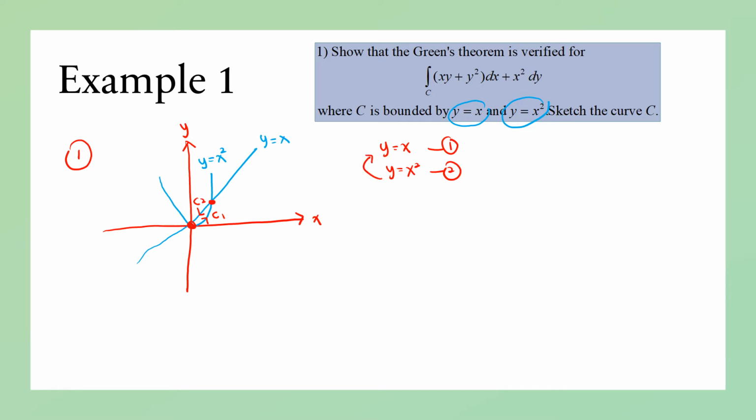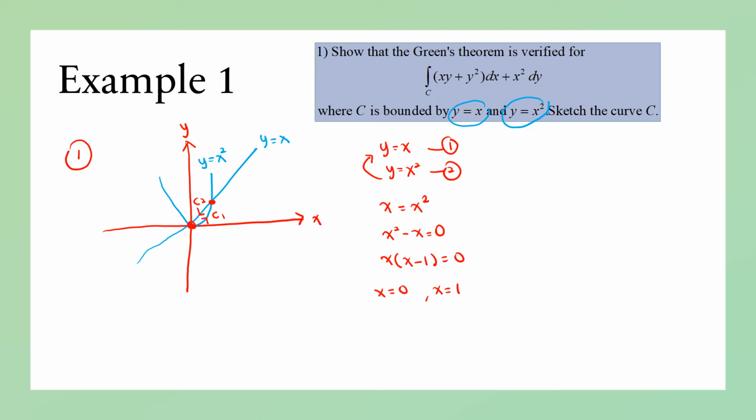So you will get x equal to x squared. When you simplify it, you will get x squared minus x equal to 0. So you can factorize this equation, you will get x times (x minus 1) equal to 0. From this, you know that x equal to 0 and x equal to 1.